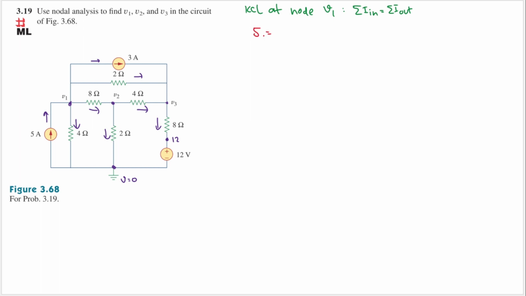And on the right hand side, what do we got? This current is going out here, so we will have V1 over 4. And then this current here, that will be V1 minus V2 divided by 8.